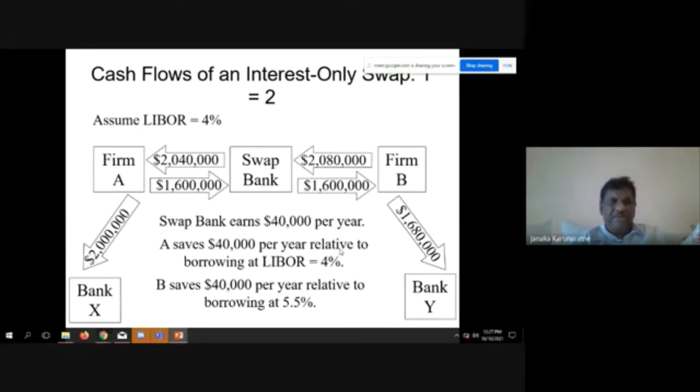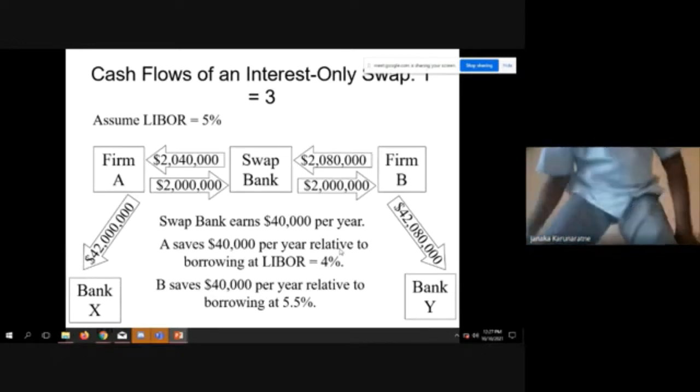Even at 5%, the same saving. So what does it mean? Irrespective of the interest rate movements, we are comfortable with our cash flows.